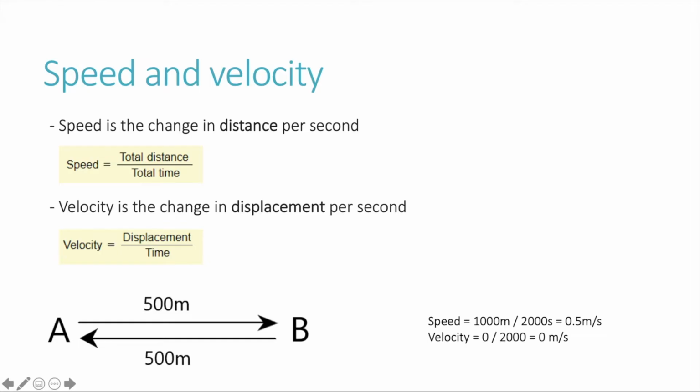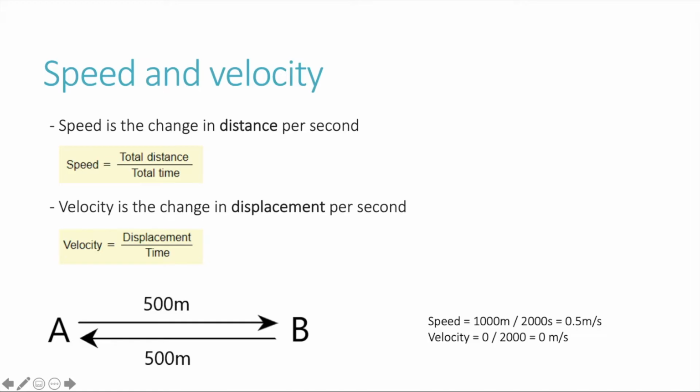Another way of thinking about it is, ignore the total journey. The total journey doesn't matter. What's really important in terms of displacement is how far off you are from your original starting point. So if you started at A and you end up back at A, your overall displacement, the amount of change from starting point to end point, is 0.